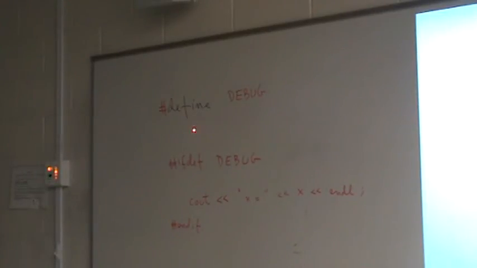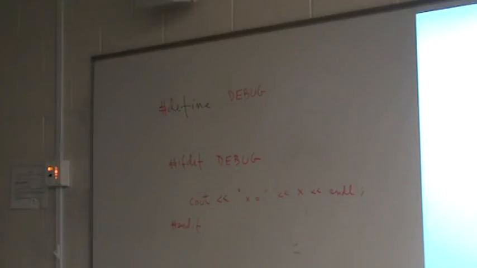So now the preprocessor defines DEBUG in the table. Code, skip. Oh, preprocessor directive, if defined DEBUG. Yes, it's right here. It's defined. It doesn't have a value, but it's defined. Therefore, everything here, it goes to endif. This closes this if. What happens is this code inside here is passed to the compiler.